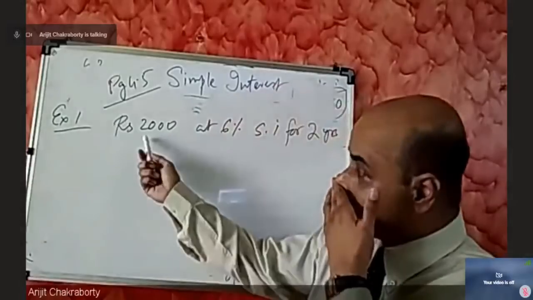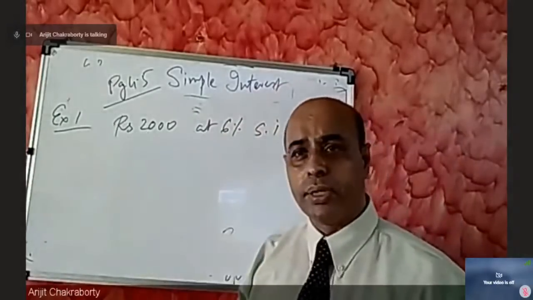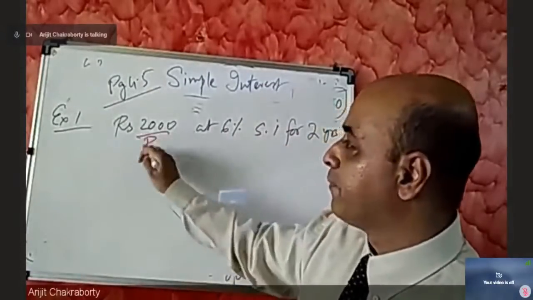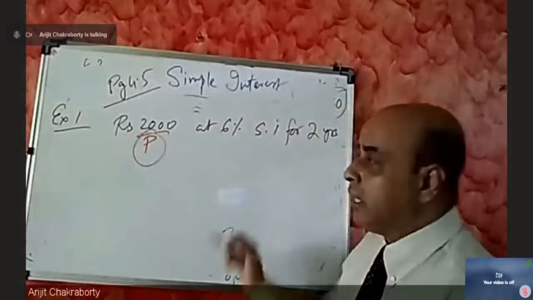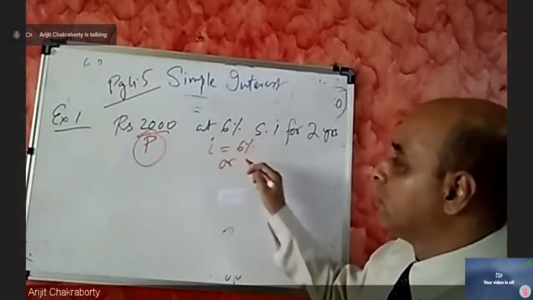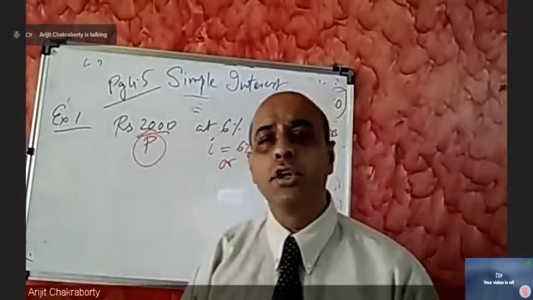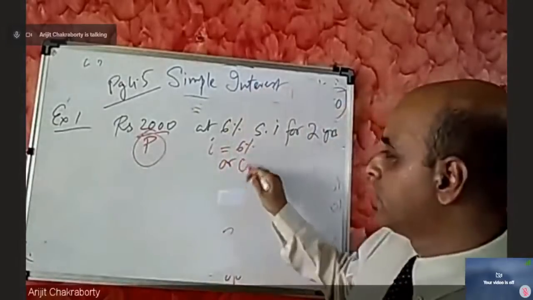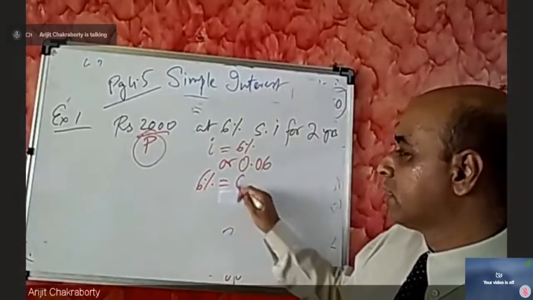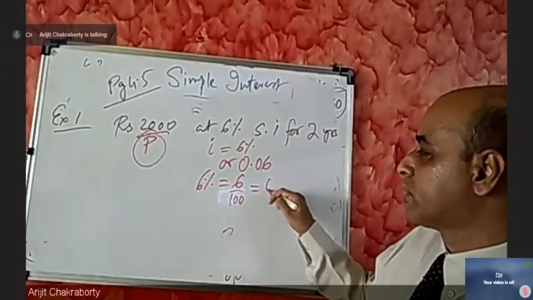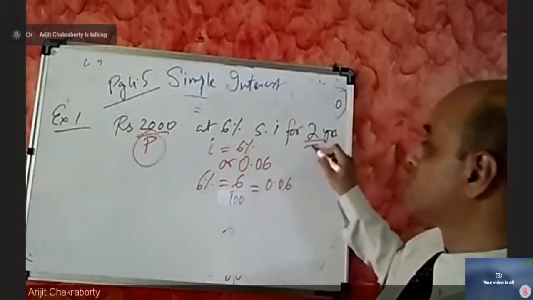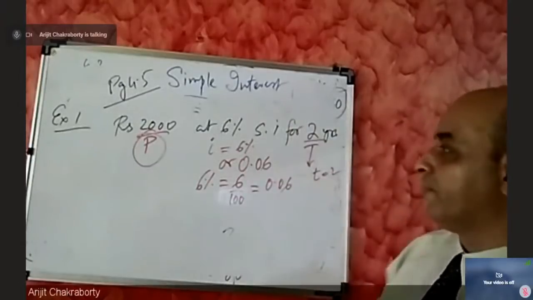Right. So here you see the principal amount is 2,000 rupees. I can write this is P, principal. Interest rate i equal to 6%, or 6% means 0.06, because 6% means 6 by 100, which is 0.06. And the time is 2 years, so time equal to 2.